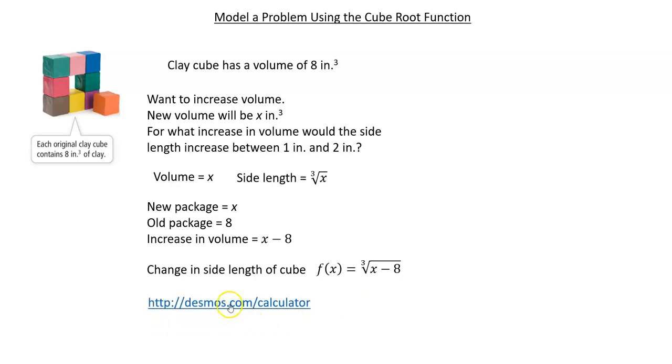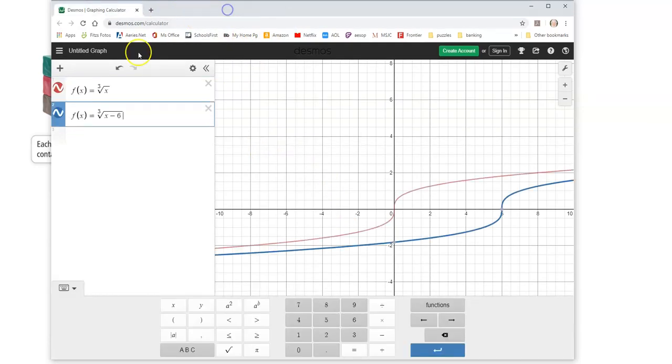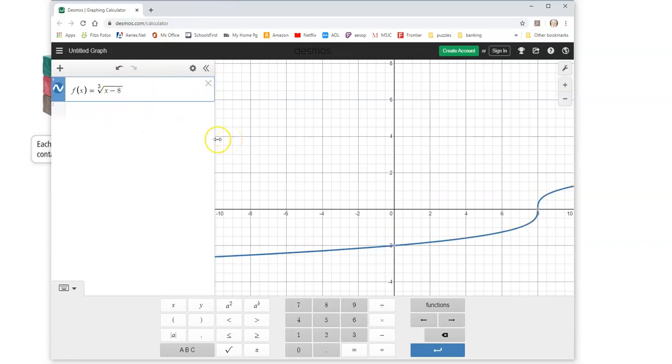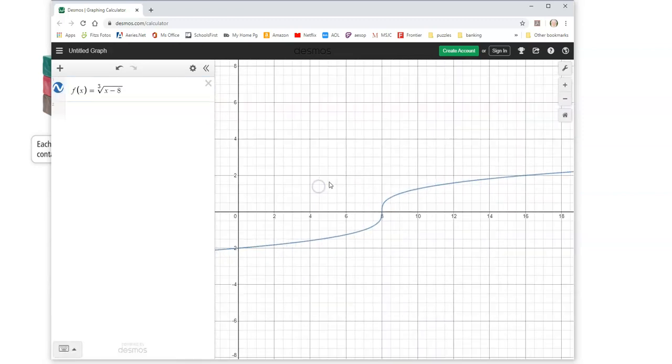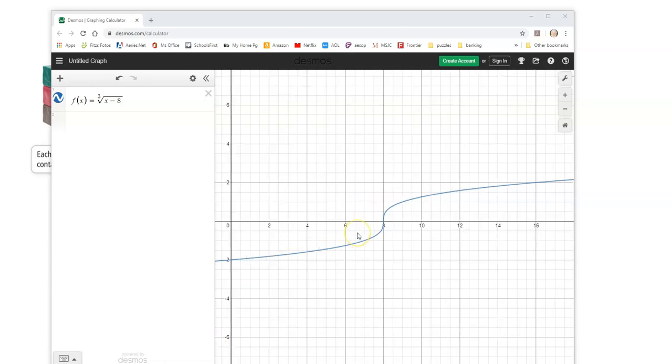So now we go to Desmos again, and let's look at the cube root of x minus 8. We had the cube root of x minus 6, so now we have the cube root of x minus 8. So here's our function. And within this function, we want to look at the interval between 1 and 2 inches.